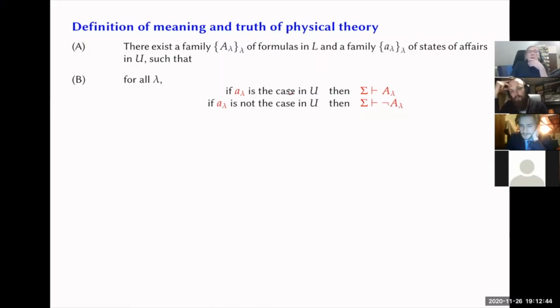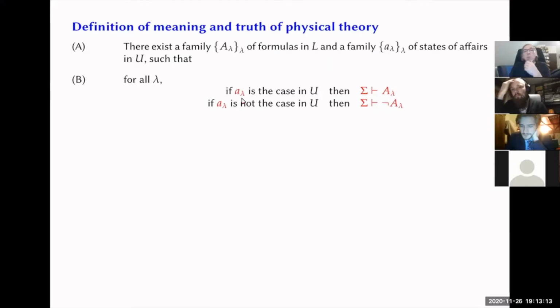So what this condition B actually says is that, since we are requiring this for all lambda, this condition expresses a certain kind of regularity between this kind of physical facts and this kind of physical facts.